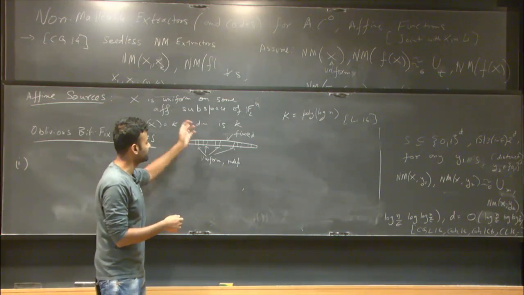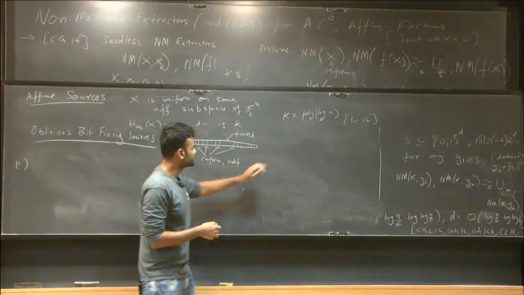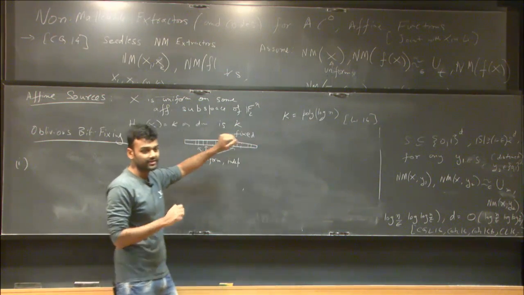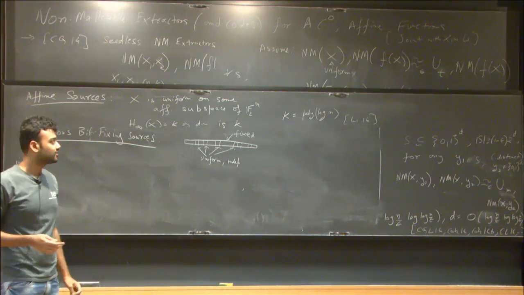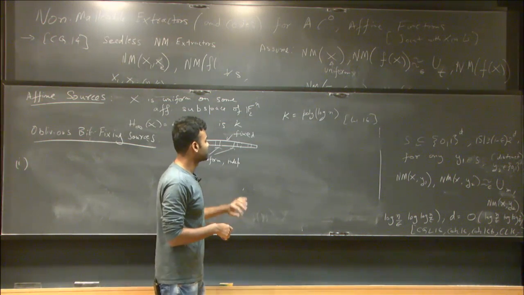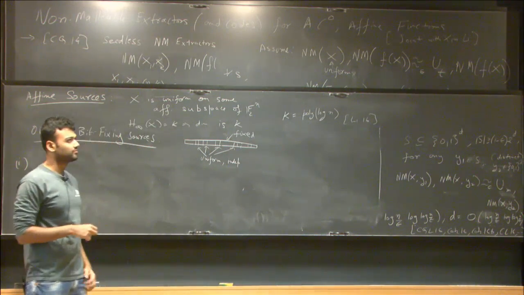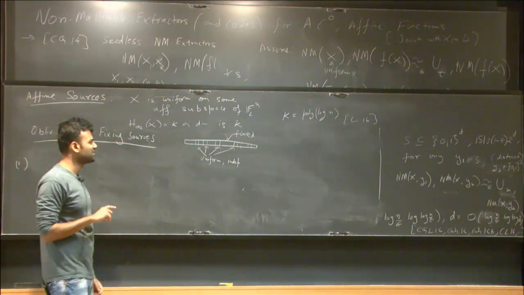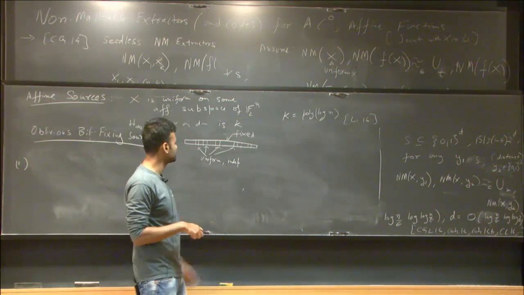There's a line of work which until recently knew how to do it for linear min entropy, and then Shinley got it down from n by root log n to polylog n.